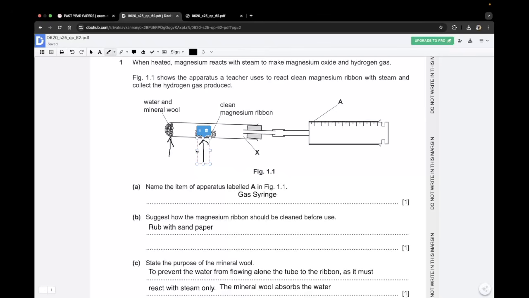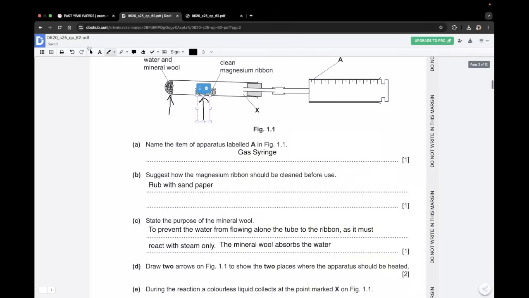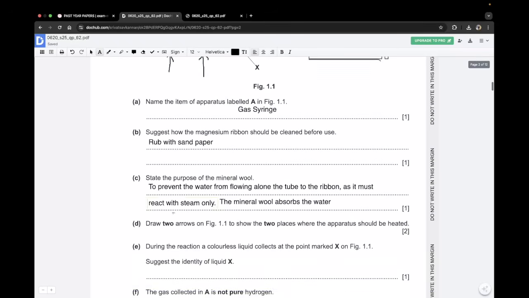Or in some cases, you just look at the actual site of the reaction. Here, only the water was boiled and the steam reacted with the magnesium ribbon. In some cases, the magnesium ribbon or the other reactant will also be moving, right? So you must heat it at the exact spot where the reaction will be occurring. So remember that. All right, so let's go to the next one here.